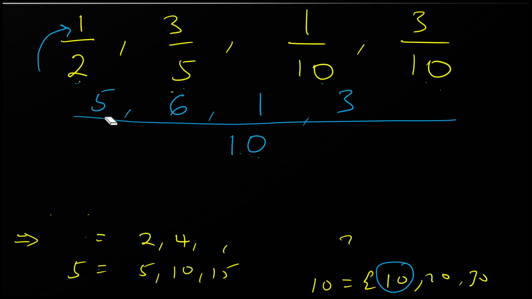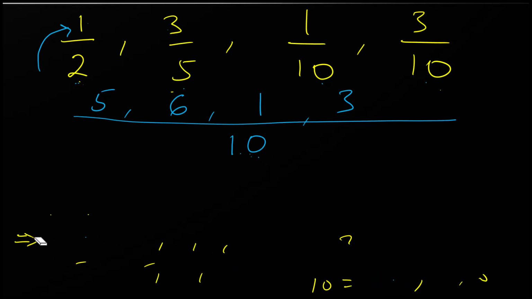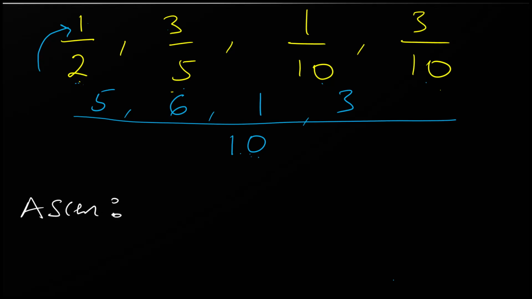Now we have aligned them with a common denominator. So with this, we can proceed. If you're asked to arrange them in ascending order, you are free to go. If you are asked to arrange them in descending order too, you are free to go. So let's start with the ascending order. From the smallest, we have 1 here, and the 1 corresponds to 1 over 10.